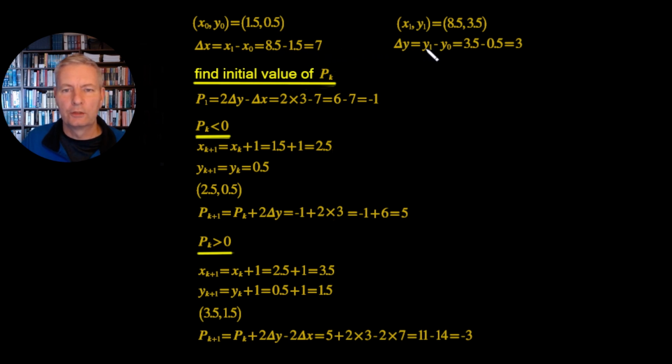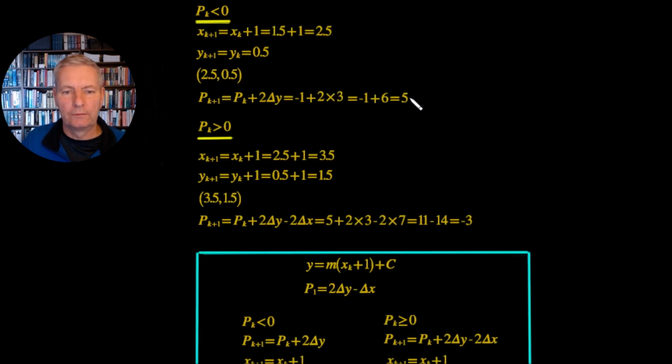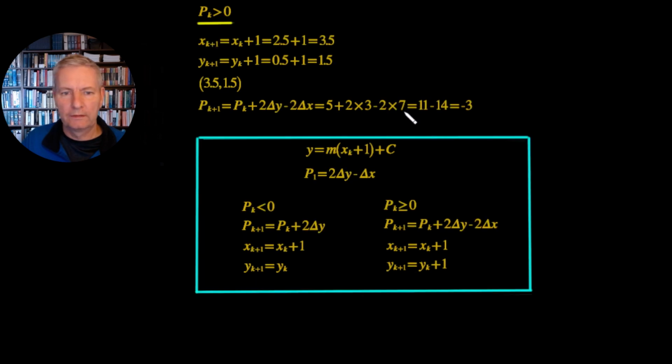The delta y is going to be y1 minus y0, which is 3.5 minus 0.5, and that gives us the value of 3. Now we need to find out our initial value for our pk. I've written the algorithm down below here just as a reminder.